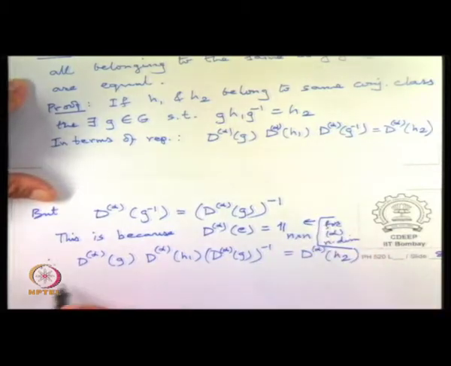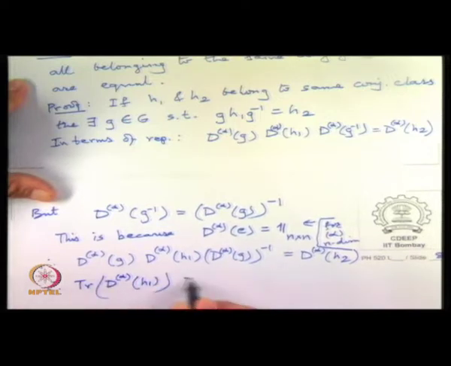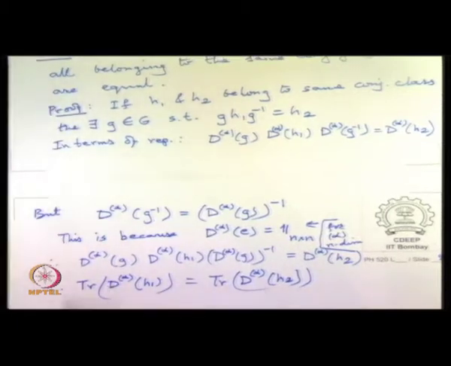So if we take the trace, it has to be equal to the trace of, because under trace you can cyclically rotate the matrices, and so you can bring the D alpha inverse to this side.